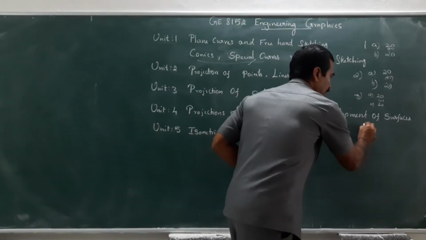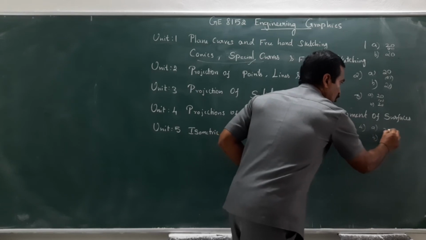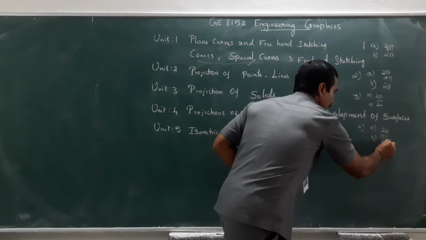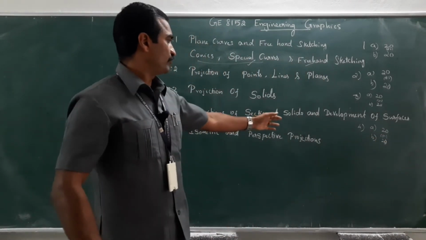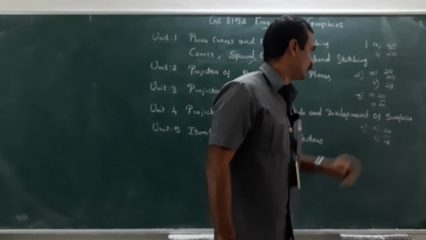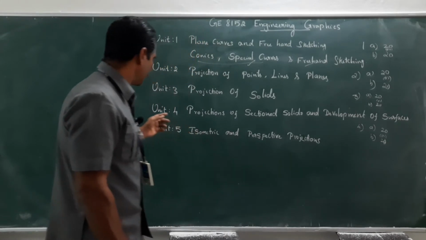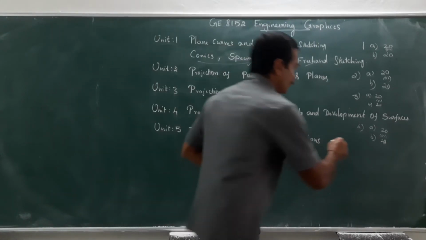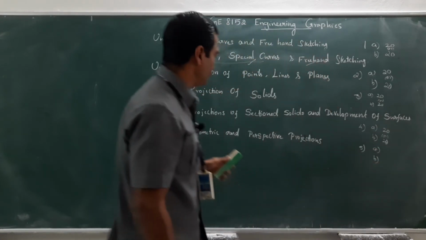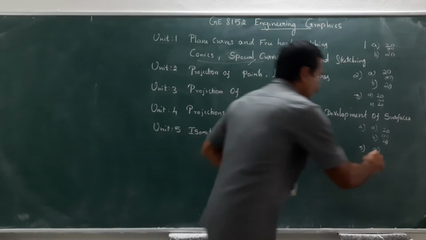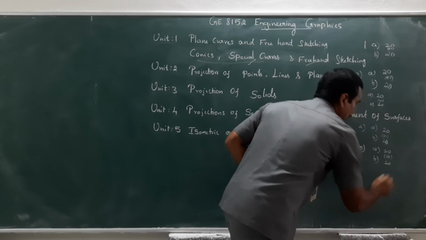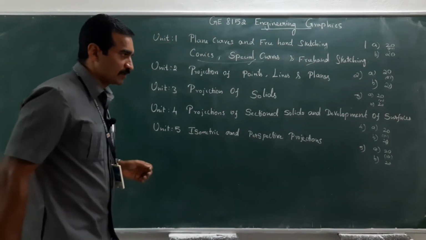The fourth unit is again an either choice, 20 marks, with a question from sectional solids and the choice question from the development of surfaces. Now comes the fifth unit. Again it would be a choice question. The question from isometric will carry 20 marks and perspective will carry 20 marks.